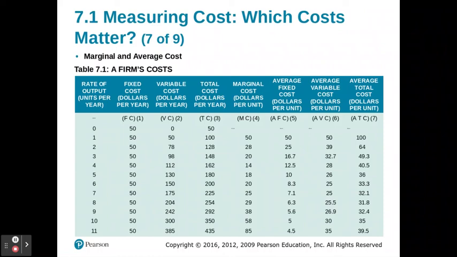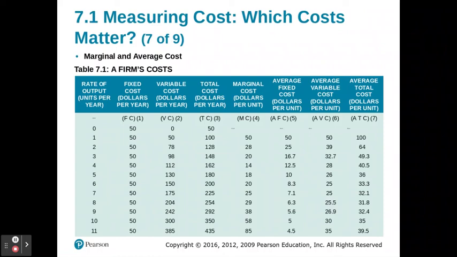So let's now go to the third row, for output being 1 unit. When the output is 1 unit, the fixed cost still remains $50. The variable costs, meaning the materials, the workers, whatever, the things that change as you produce more or less units, that's also 50.